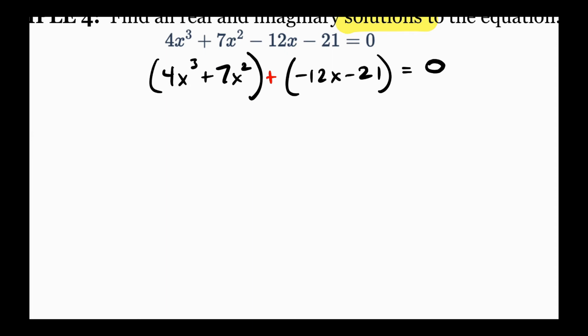So from the first group, the GCF is going to be, I think just x squared, right? And then it's going to be 4x plus 7. Now I need the other one to be 4x plus 7. So what am I going to divide by? Negative 3, yeah.